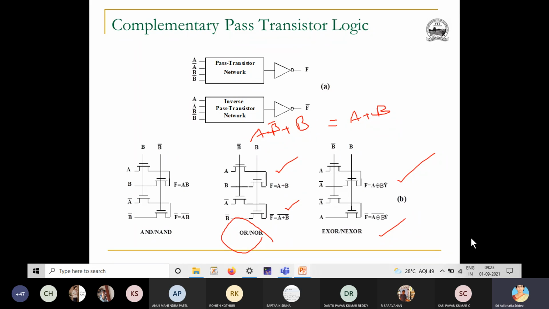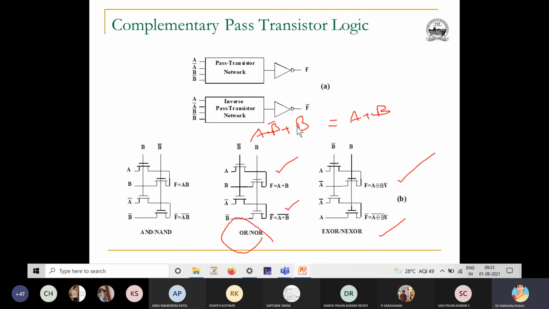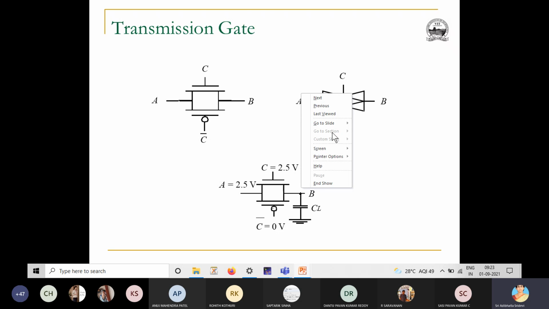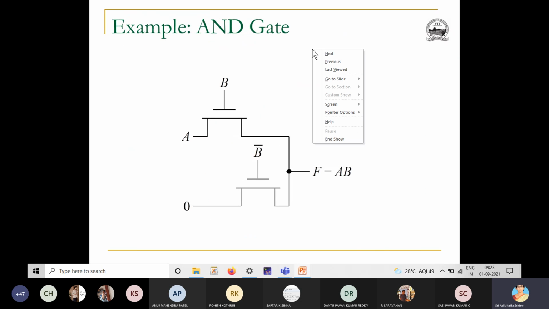Because for a PMOS logic, it is very simple. If you go to the basics of PMOS logic, it will be very much clear.